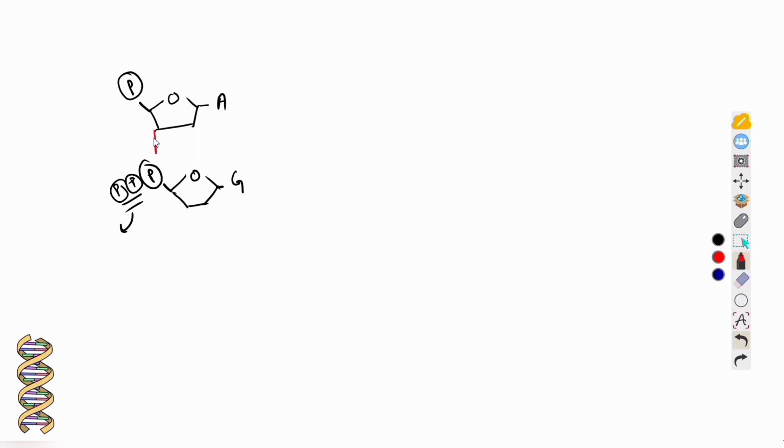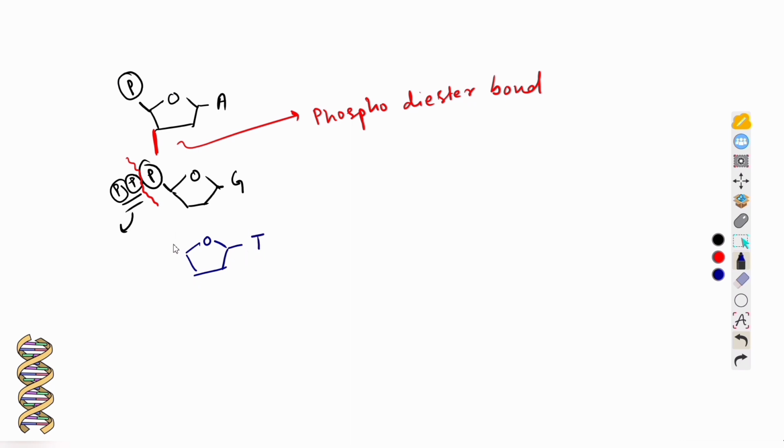To form this bond, this nucleotide has to lose these two phosphates, which leads to the formation of a phosphodiester bond. So this is a strong bond. Similarly, suppose the next nucleotide is T. For this phosphodiester linkage, two phosphates are released.